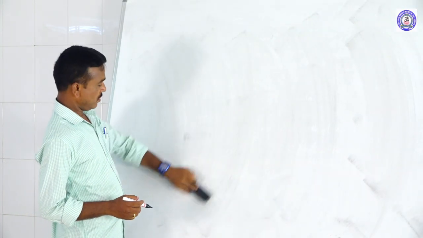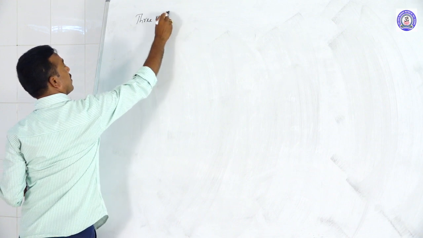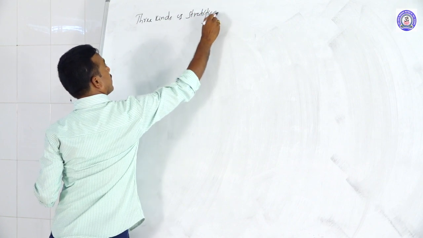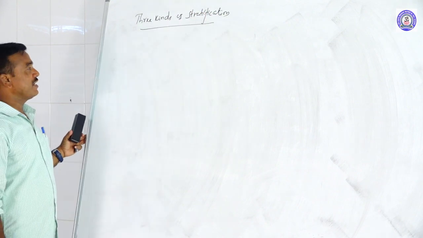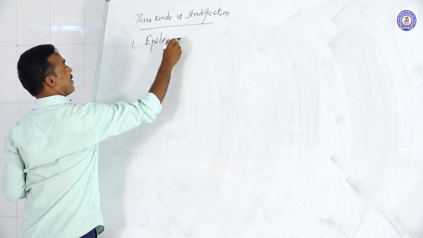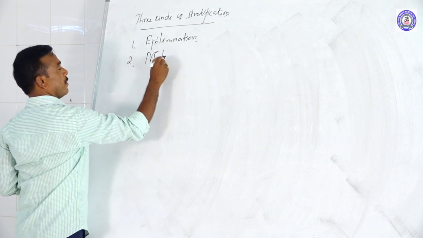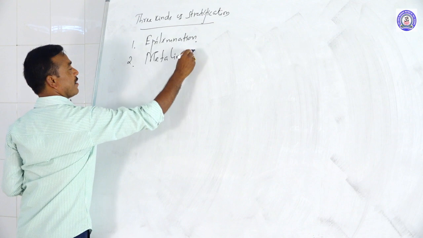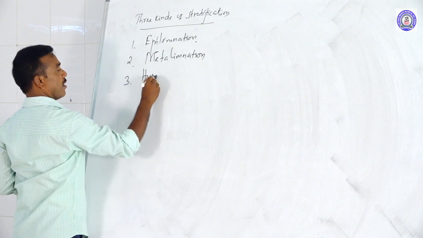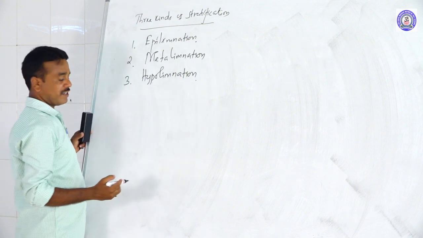For stratification, there are three kinds. First, epilimnion. Second, metalimnion. Third, hypolimnion. There are three stratifications that occur.